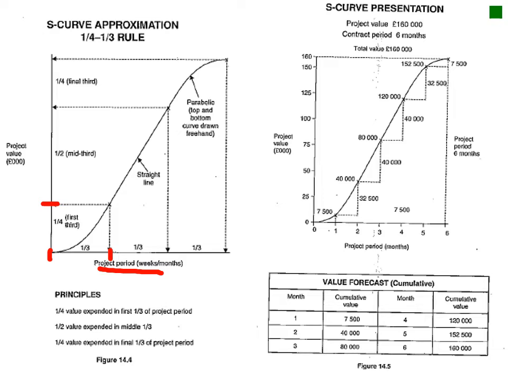Your cash flow will be a quarter. In your second third of your project, you will spend half of your project value, and then in your last third you will have the last quarter of your project cost flowing out.